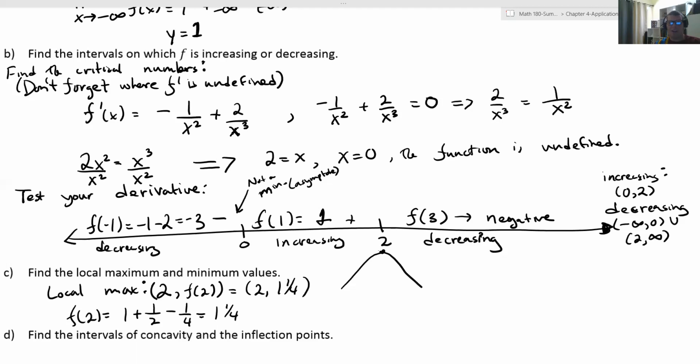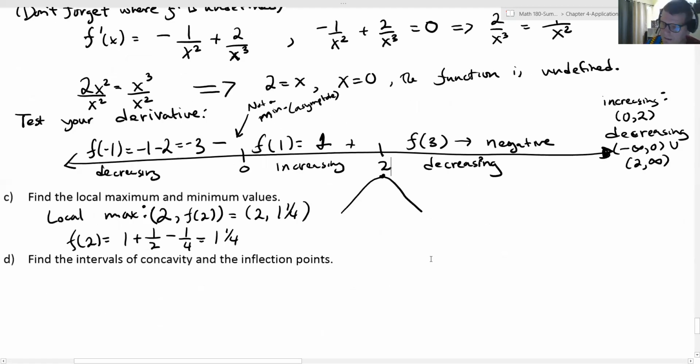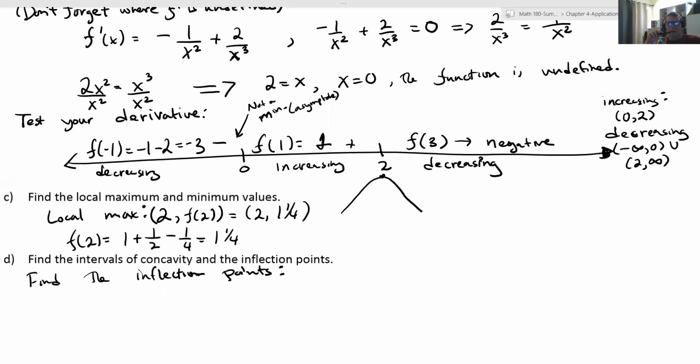Next up, we're going to find the intervals of concavity and the inflection points. So ask yourself, how do I find, let's start out. First thing we want to do is to find those inflection points. Okay. So I'm going to define f double prime.